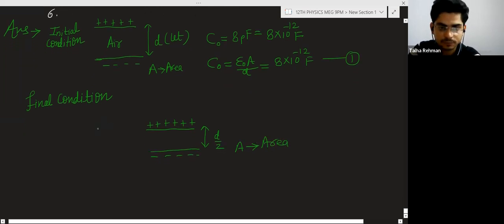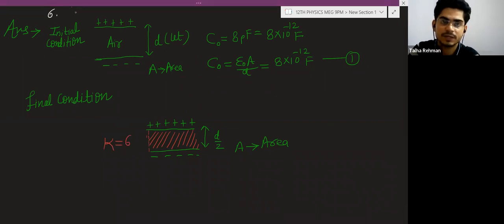Now what we have done, we have introduced a dielectric here. We have filled this capacitor with some dielectric whose constant is given as 6.